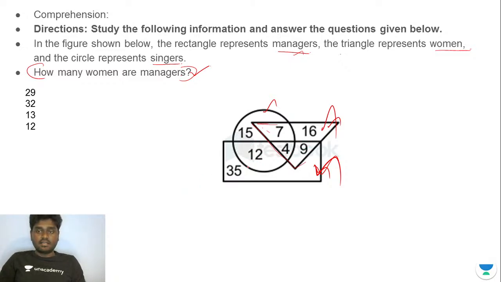Inside the triangle, these are managers, right? So the complete persons inside the triangle are women, and the complete persons inside the rectangle are managers. Okay, so what's going to be the right answer? If you have got the right option, kindly let me know in the live chat. Come on, guys.